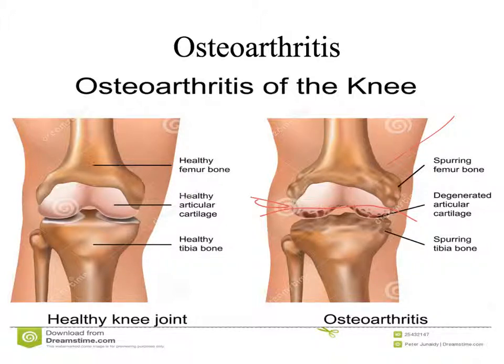Ultimately, the joint degenerates and it causes pain because the joint does not have its secreted fluid to make it move in a nice, smooth movement. I don't want you to get too caught up in the pathophysiology, but what you need to understand is there is a degeneration of the joint.